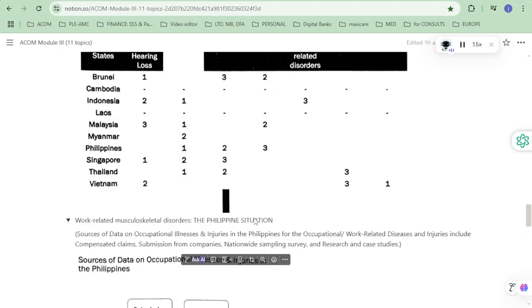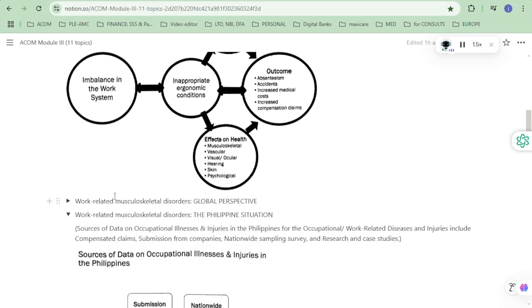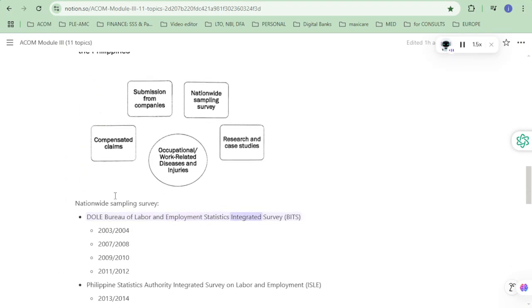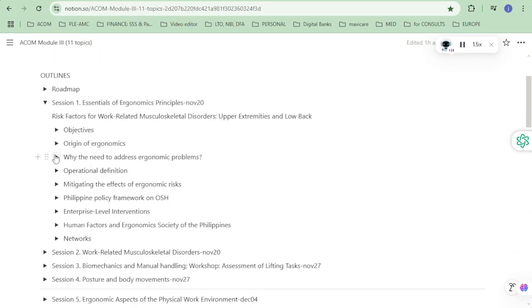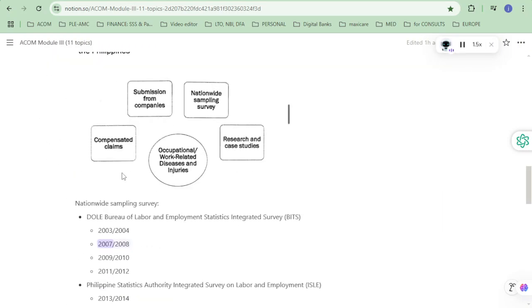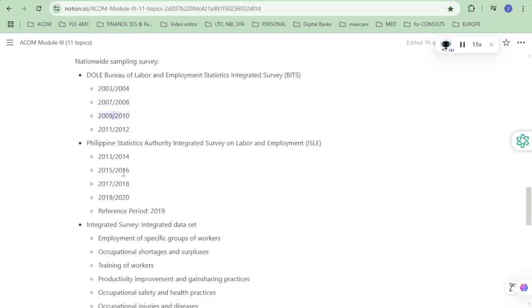Alt text: Nationwide Sampling Survey. DOLE Bureau of Labor and Employment Statistics Integrated Survey, BLES, 2003/2004, 2007/2008, 2009/2010, 2011/2012.